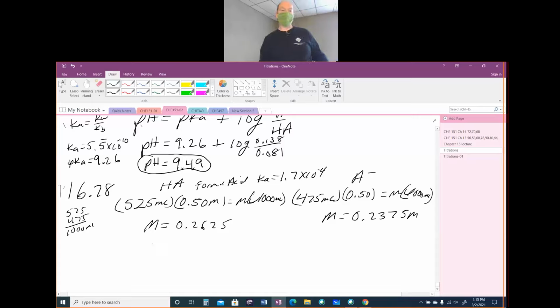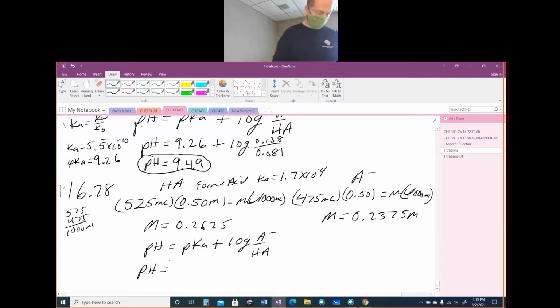All right, and so your pH is equal to the pKa plus the log of A minus over HA. So we need to take the negative log of 1.7 times 10 to the minus 4, and we get a 3.77. So the pKa is 3.77.